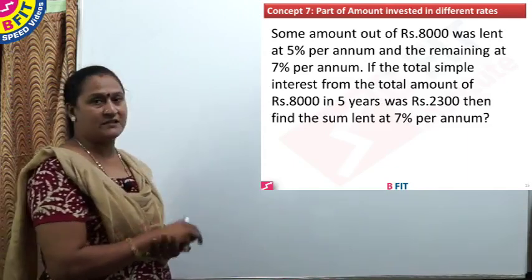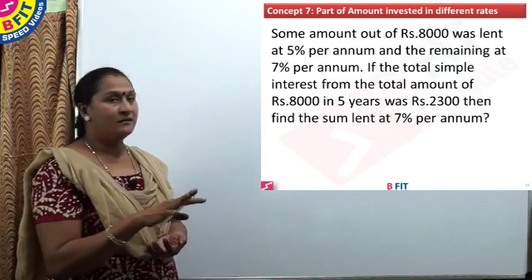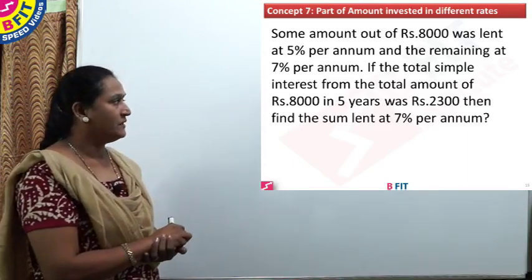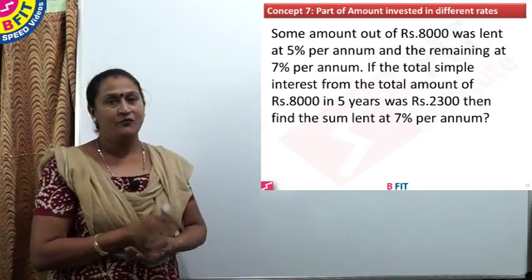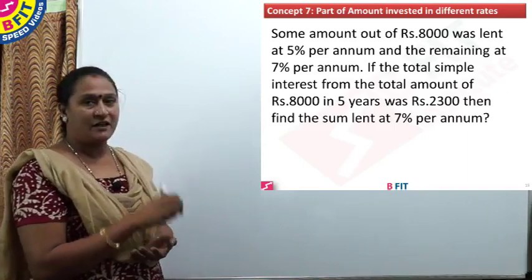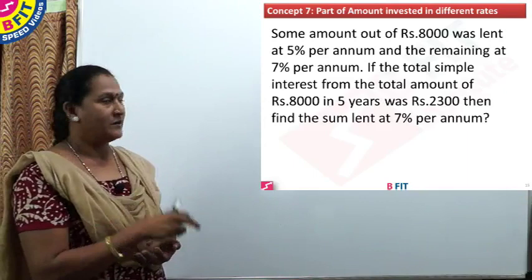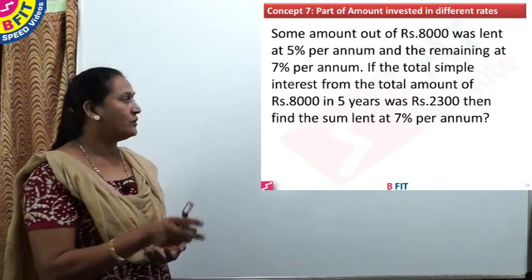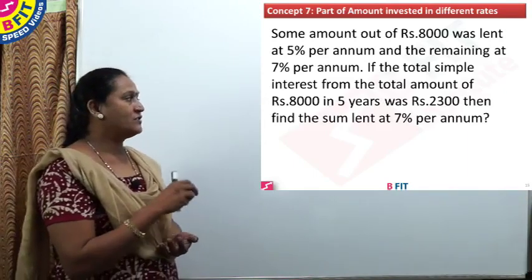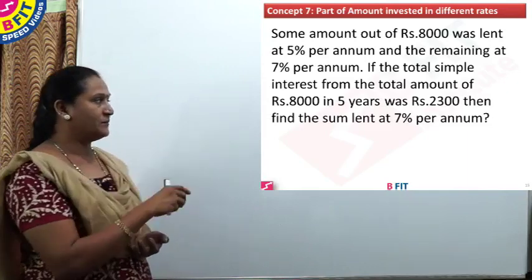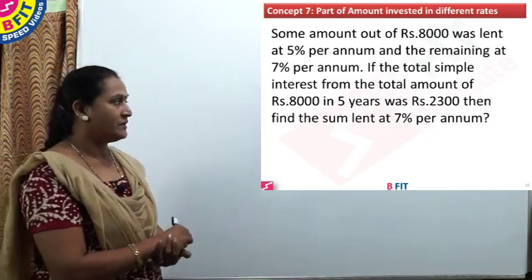One is 5%, the remaining in the 7% rate percent. It is invested for a period of 5 years. In both these rate percents, the interest got is rupees 2,300, and we are asked to find the sum that is deposited at 7%.